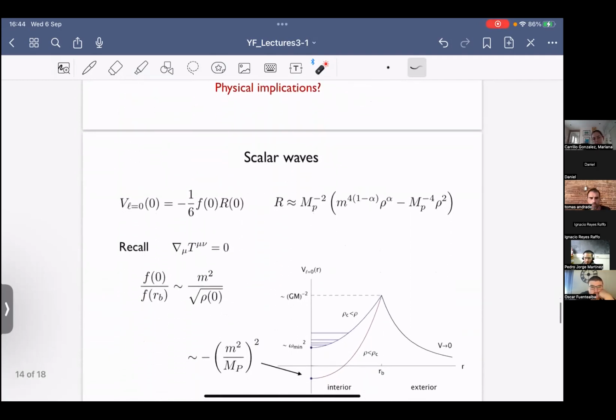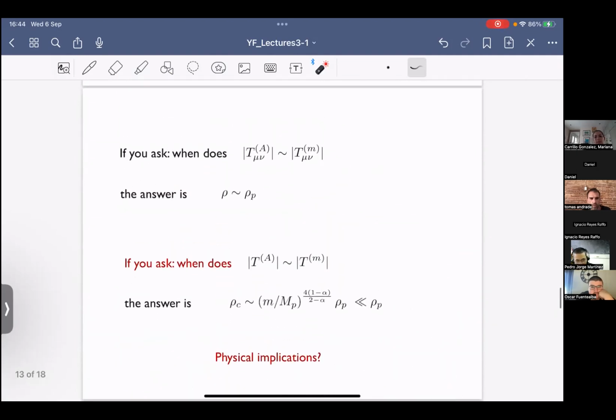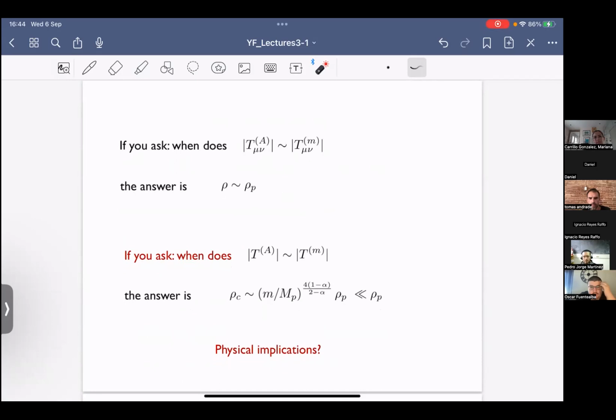Sorry, Ignacio, sorry to interrupt. So is your previous statement related to the fact that anomalies are IR effects as opposed to UV effects? I would think that the Planck scale was something like the UV cutoff of your theory, but here you see that the anomaly is related to the IR. Yeah, I'm not exactly sure what you mean by the fact that it's an IR effect, but I would say the two coefficients that appear in the trace anomaly, the ones that we're talking about, are independent of the renormalization scheme.